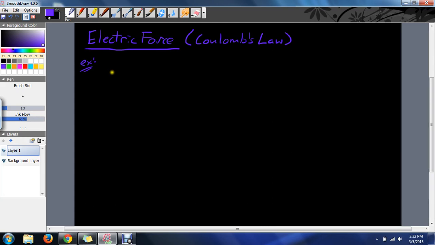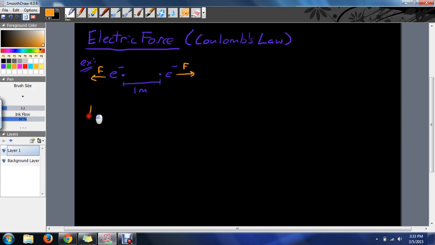So the first is, let's say we have an electron and another electron, and they are 1 meter apart. What is the force between them? Well, of course, the force will be directed to the left for this guy and to the right for that guy.